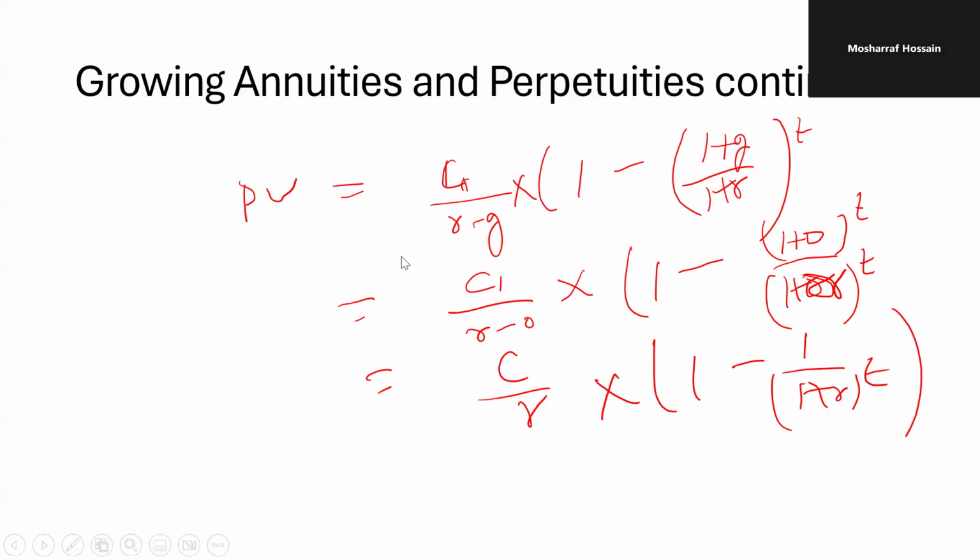So regardless, you can use only one formula and just change the value. If there is no growth, put 0 for growth, and you can still get the same answer.